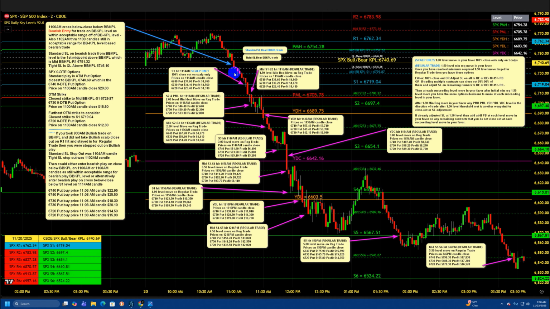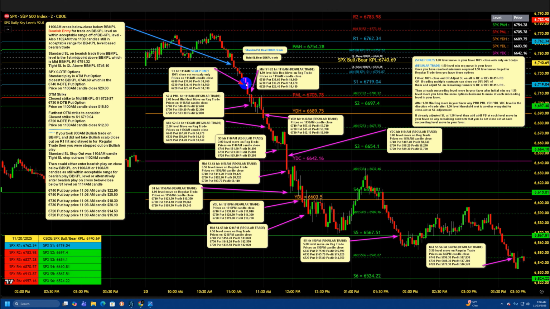Okay, so here we have the S1 hit on the 11:14 a.m. candle here. That's a scalp only. As we mentioned earlier, 100% closeout on scalp only trade, and the prices on the closeouts are going to be based on the candle close. As you can see here, it did wick down below that.